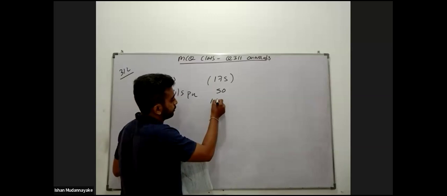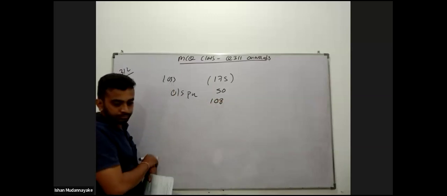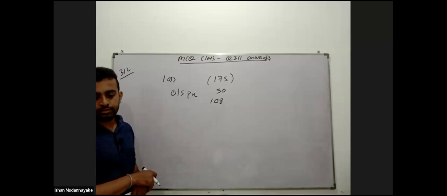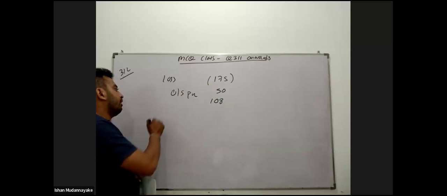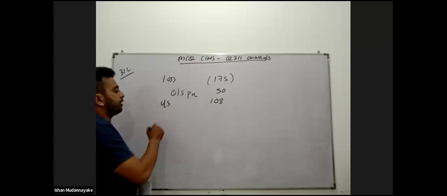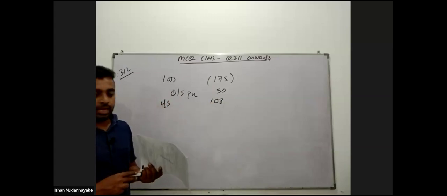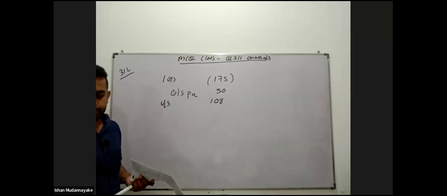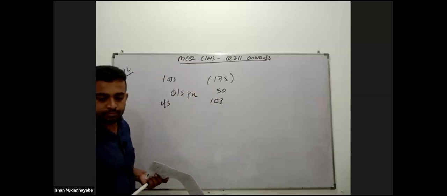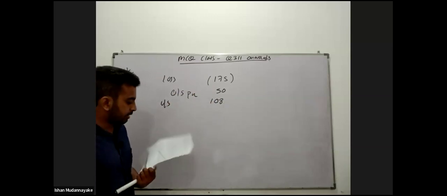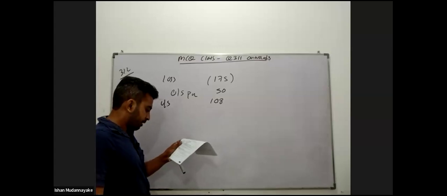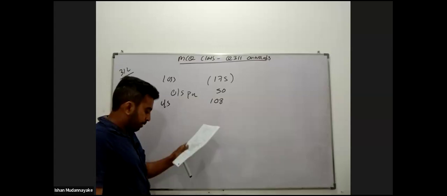Understated sales amount in trial balance. Understated sales 108,000 plus. Impact to the profit. Right.